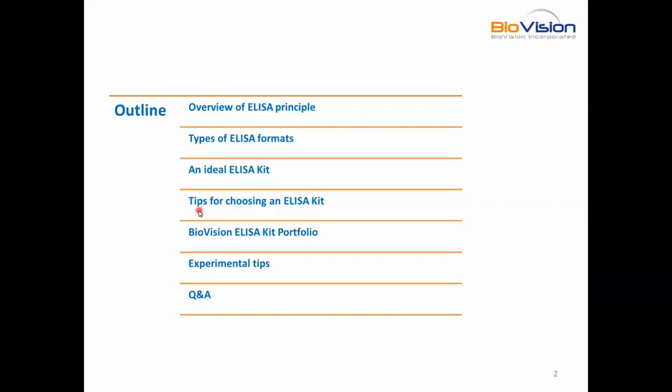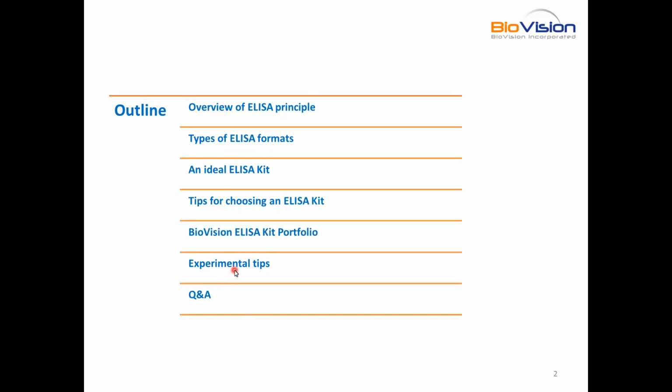I will share some tips for choosing an ideal ELISA kit for the end users. Then I will talk about our BioVision ELISA kit portfolio, or the different categories of ELISA kits that we offer for various research areas. I will share some experimental tips for our end users, and at the end we will be having our Q&A section.